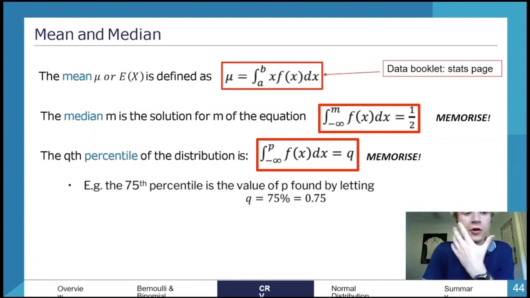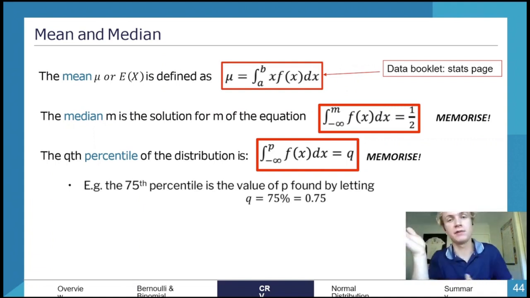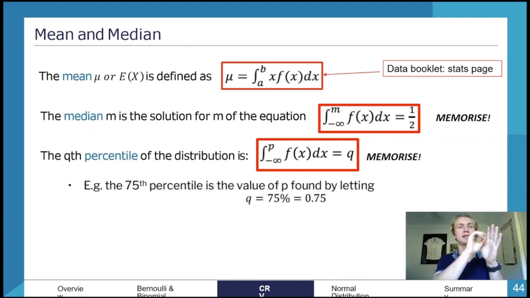However, you don't know the median and you don't know the percentile. So one thing I will get you to memorize, one thing I will get you to write down, are these two formulas here. A median is another measure of central tendency, being what actually is the middle. The mean is like the average, but the median is what we get if we arrange all the numbers in order.